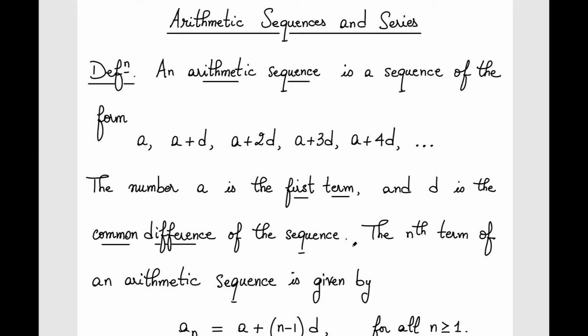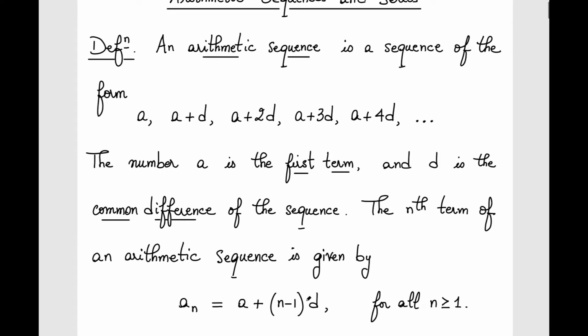And in general, the nth term of an arithmetic sequence is given by this recipe. So you start at a, and to get to the nth term, you add n minus 1 times d, correct? So to get from the first term to the third term, you add 2d, right?